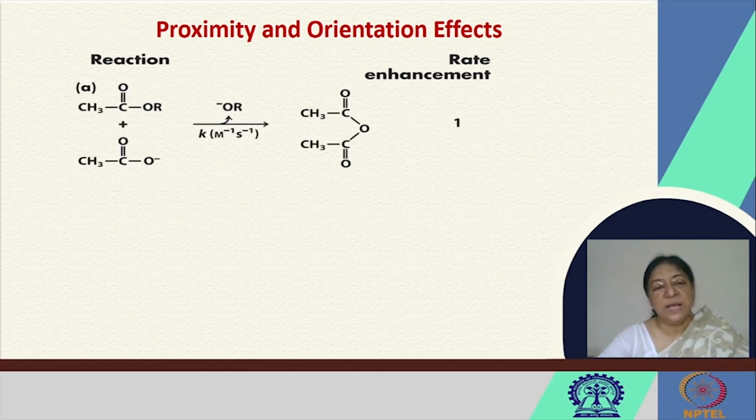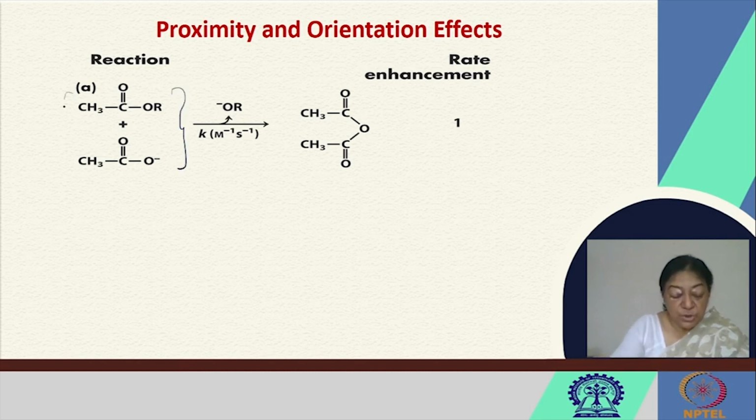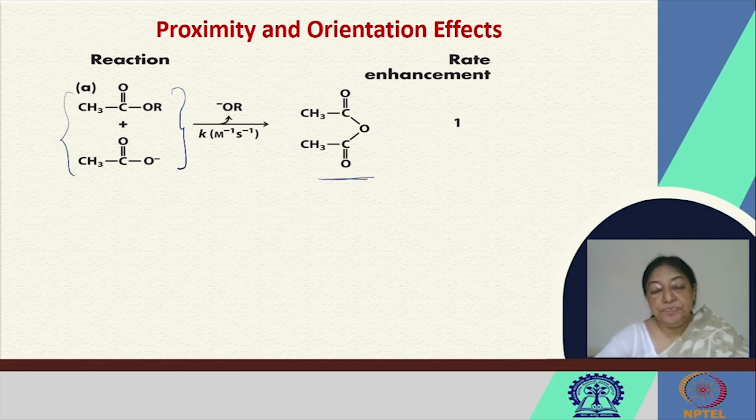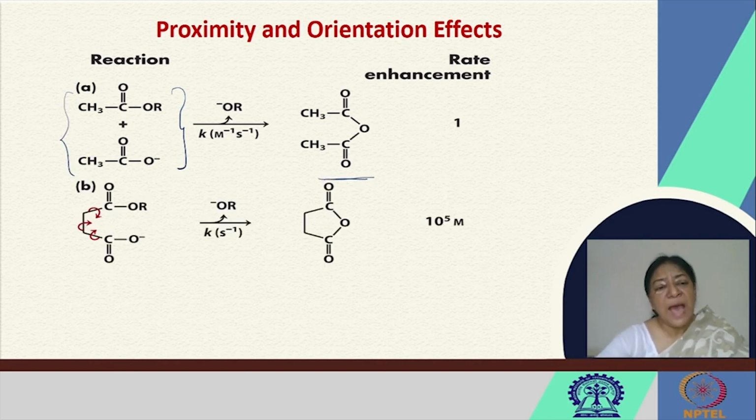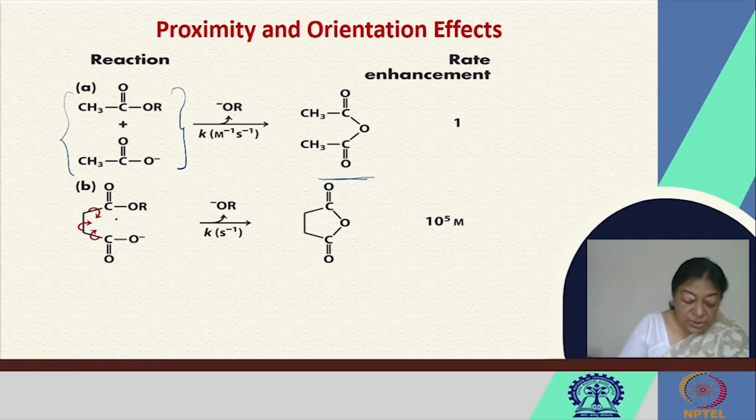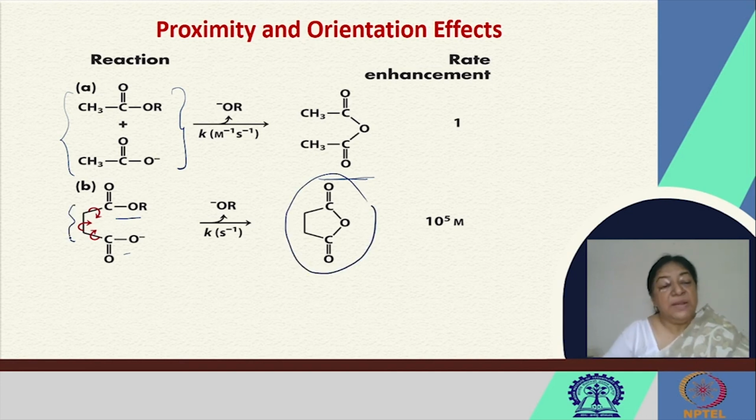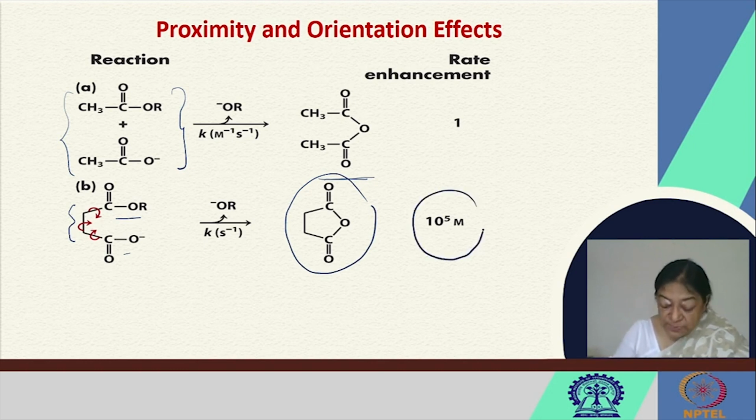However, just to understand that we are bringing about the combination of these two moieties to provide us with this anhydride. Now, when we have these linked together to bring about a similar kind of product, the rotation about this is possible, but nevertheless, because the groups are in close proximity to each other, we have a rate enhancement.